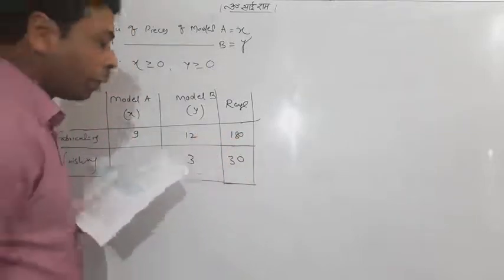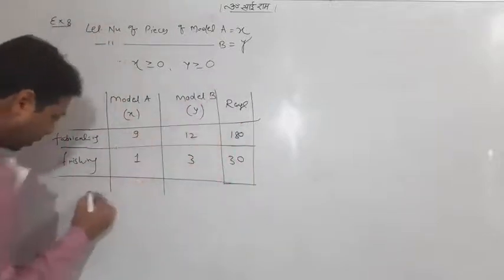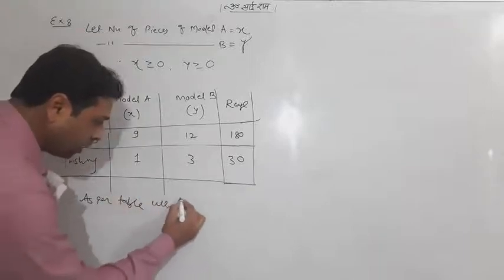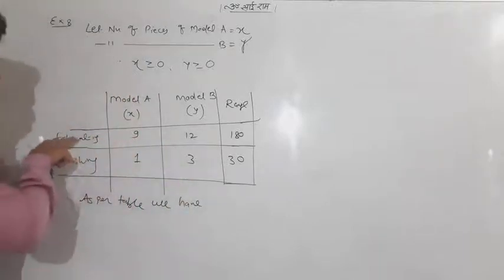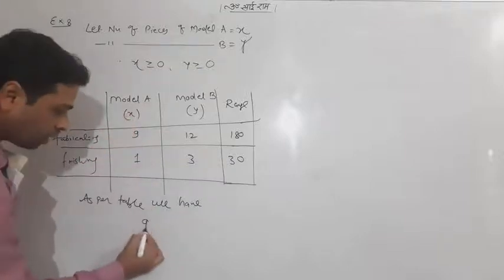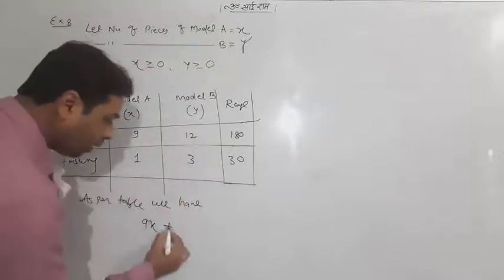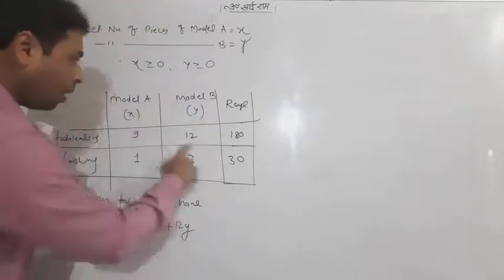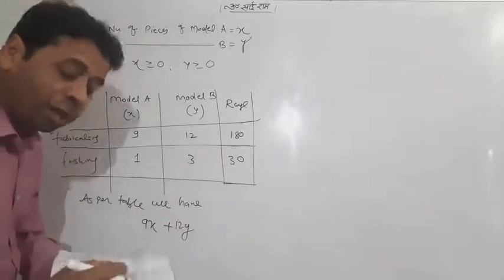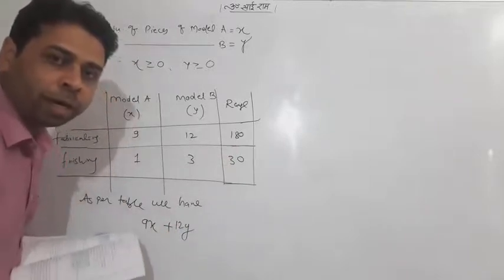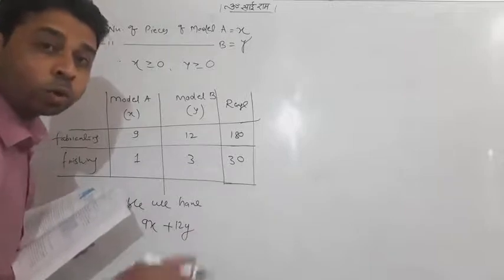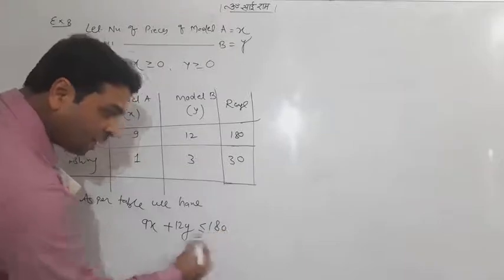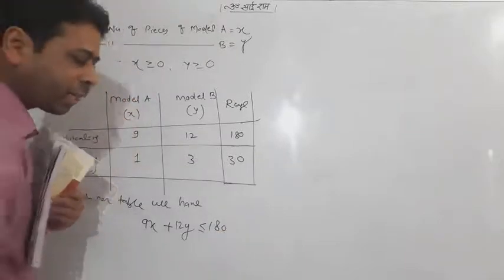This is the range, the constants in the table. So 9x hours plus 12y hours for fabricating for model A and model B, and the total hours we have are 180. It is called availability of hours, meaning it cannot be more than 180. So it is less than or equal to 180. It's a very simple thing.